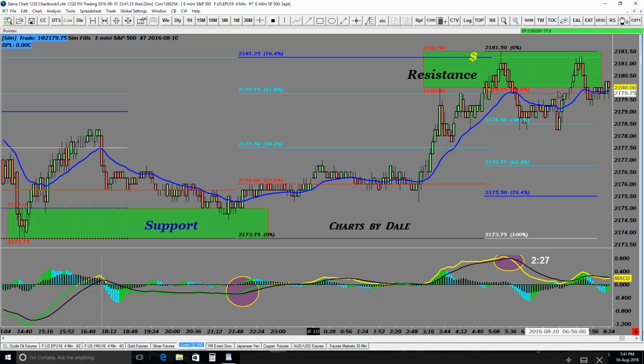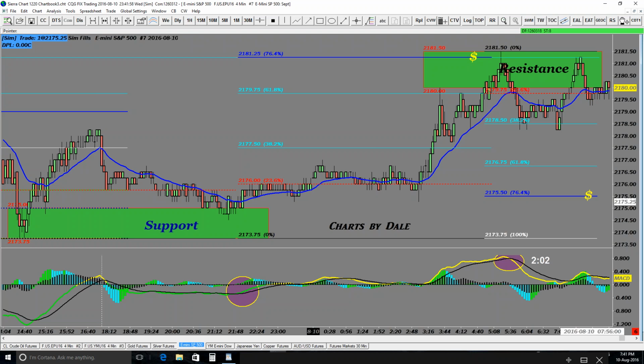You want to see this resistance area retest it, and then we're off and running with the money off area down here to take some profits. And what we showed is the 21.75.5. We had a couple other ones, but that was the first one that I showed this morning.